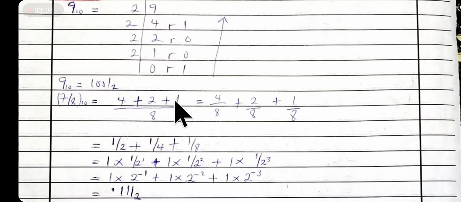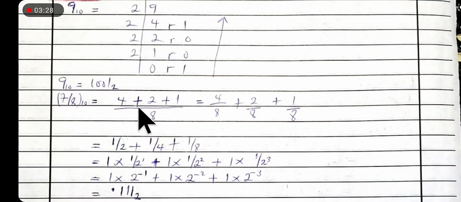I cannot find. So the basis for splitting the numerator here is that any number you split it into has to be a number that 2 raised to some power will give you, because here we have base 2.